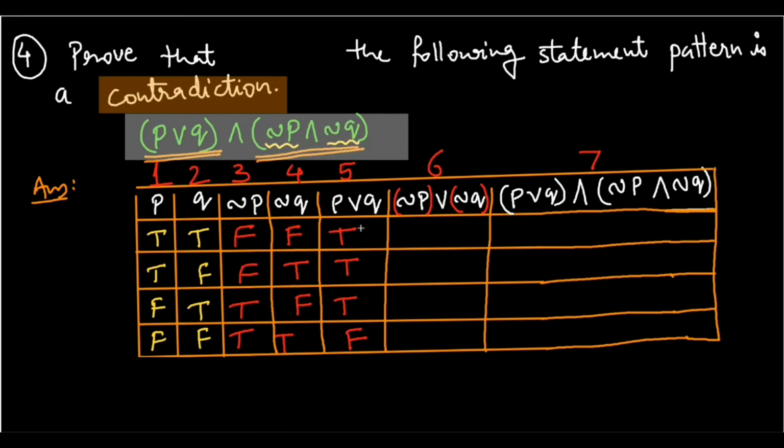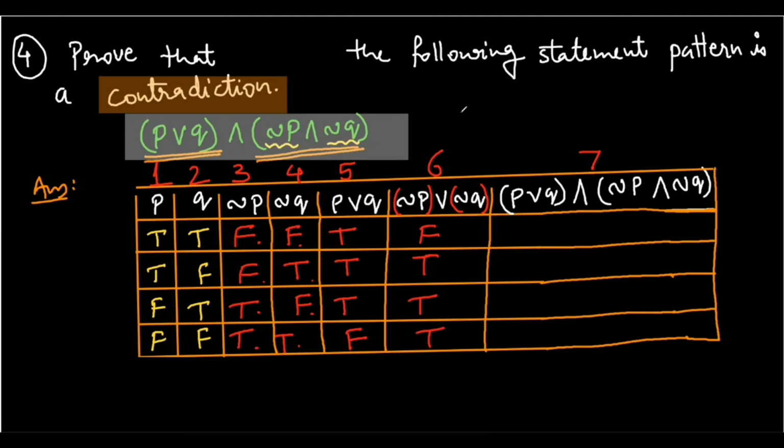So disjunction, you know the law. When both are false, then false, otherwise true. So see, false, false, false, true, true, true, and true, and true.